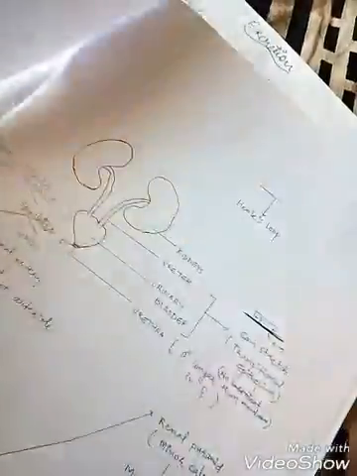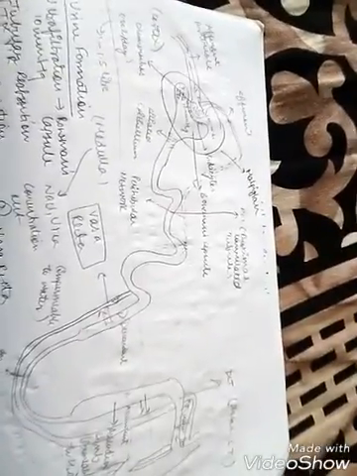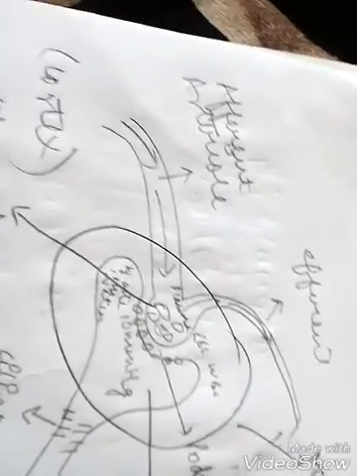Got it? Now, first of all, we should study the Bowman's capsule. So for better understanding, leave this image, I'll show you another one. See this one. This image is quite good and you will be able to understand more easily. First of all, you should learn this complex figure. All of this starts from the Bowman's capsule; this is the afferent artery.